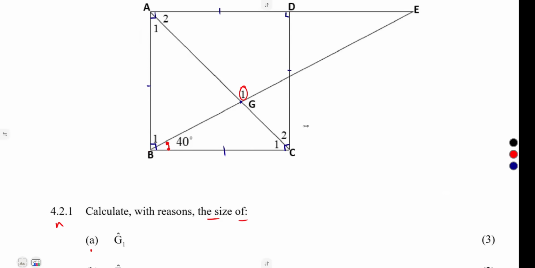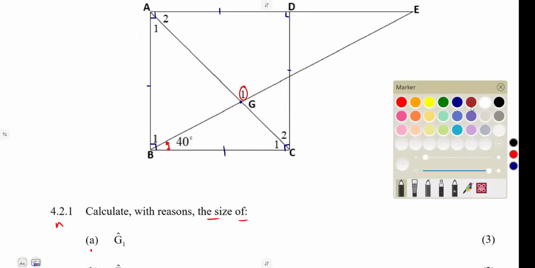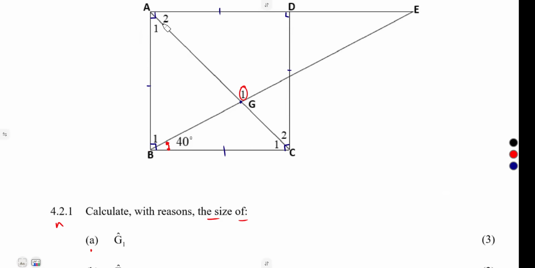We have 45 degrees here, so it means also these diagonals bisect these angles. Remember, these angles are 90 degrees, so it will be 45, 45, 45, 45 degrees, right?